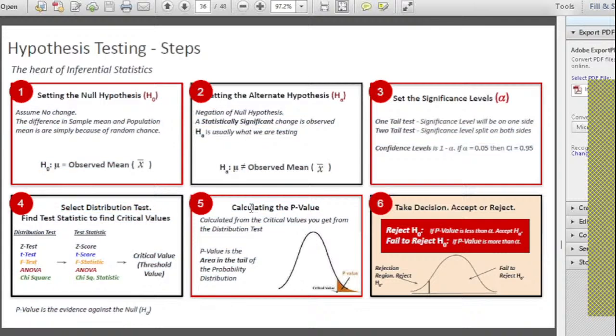Then calculating the p-value: what is this p-value and how does it help you take the decision? We are going to learn this. And the sixth, take the decision, that is, reject or fail to reject the null. Okay, so this is just a high level summary.